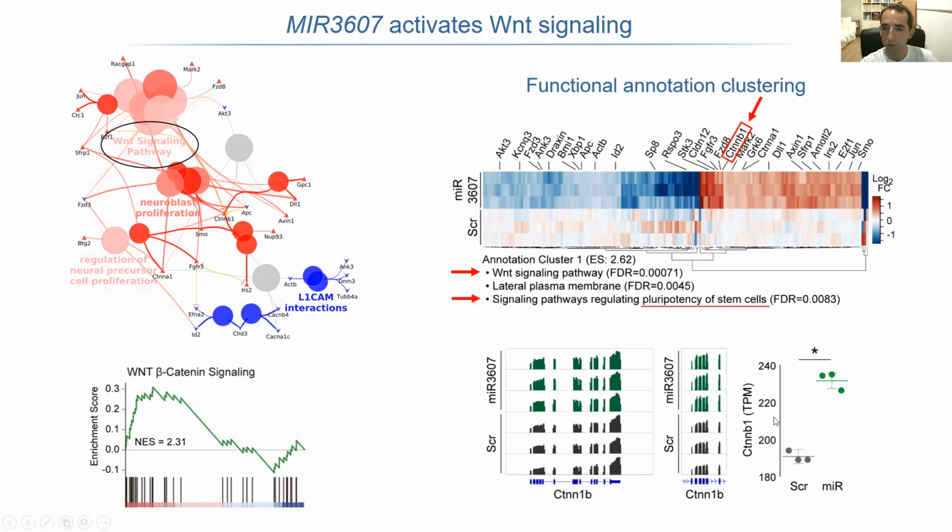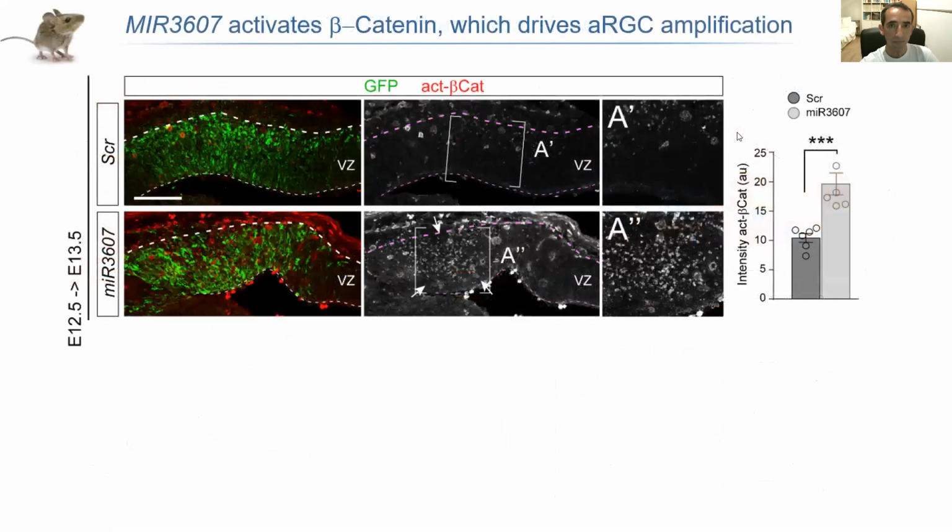But this led us to focus on beta-catenin 1, thinking that maybe the primary effect of expressing miR3607 was to upregulate Wnt beta-catenin 1. And in fact, when we looked at the levels of activated beta-catenin in our electroporated cortex, we found a very significant increase in the intensity of signal of this activated beta-catenin in the cortical tissue.